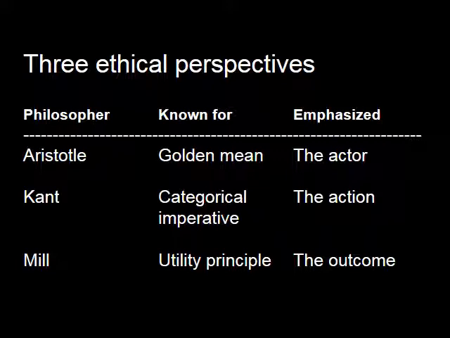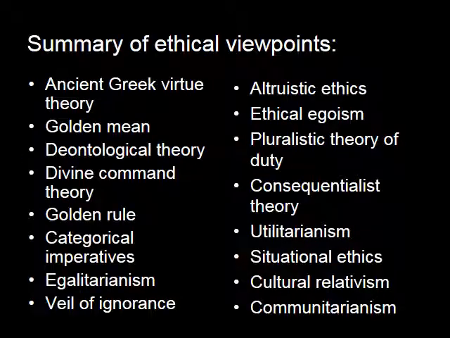And then we've got folks like John Stuart Mill and the principle of utility, the greatest good for the greatest number. And those people are focused on the outcome or the consequence of our actions. So these are all valid and useful theoretical perspectives, truly the wisdom of the ages.